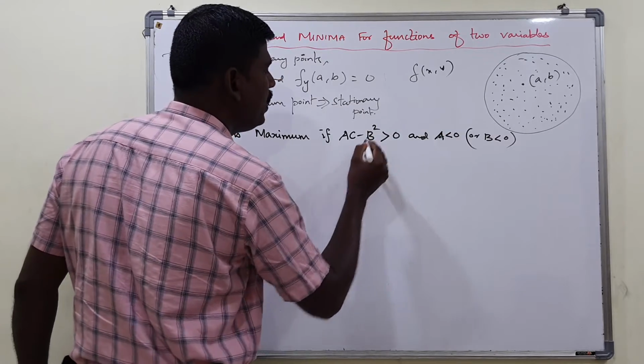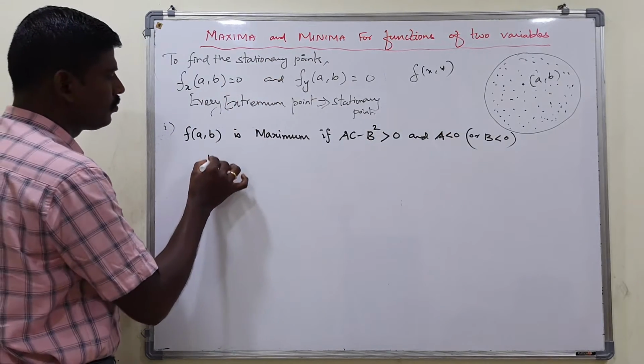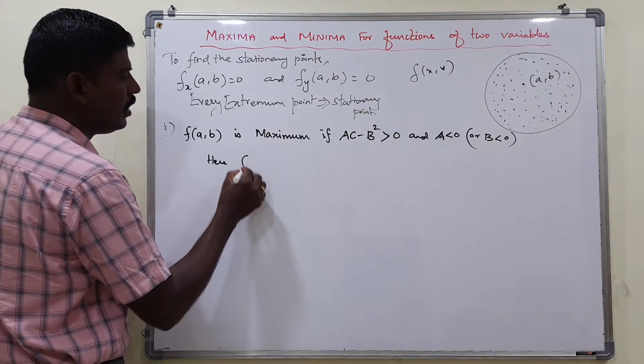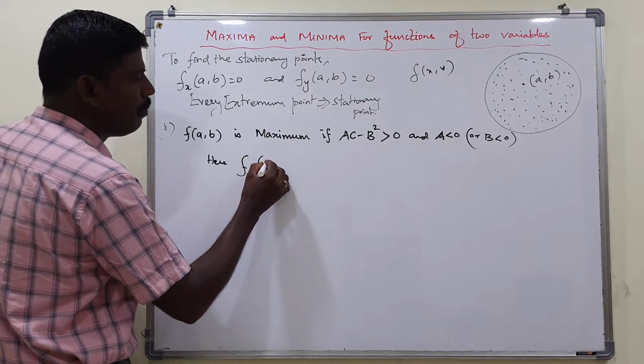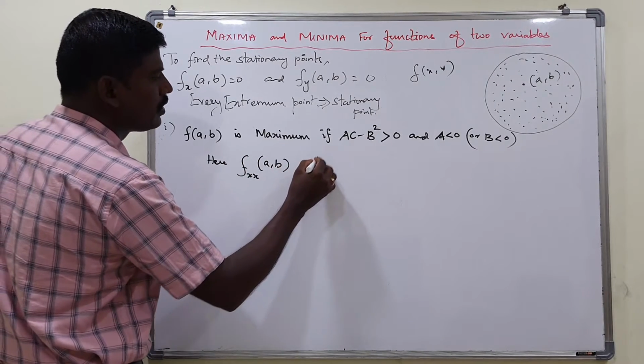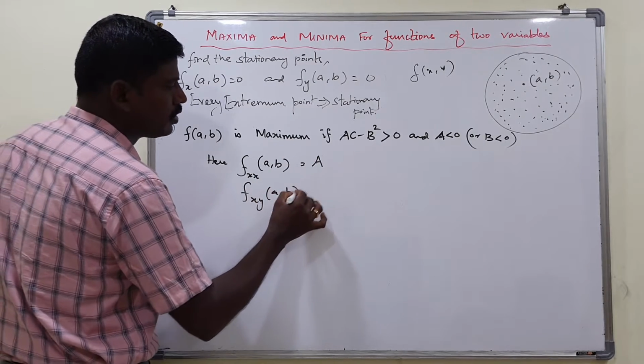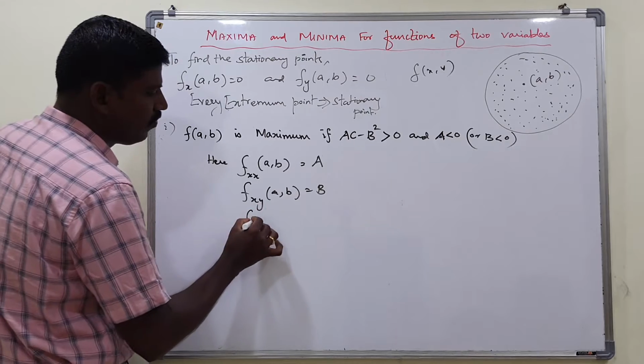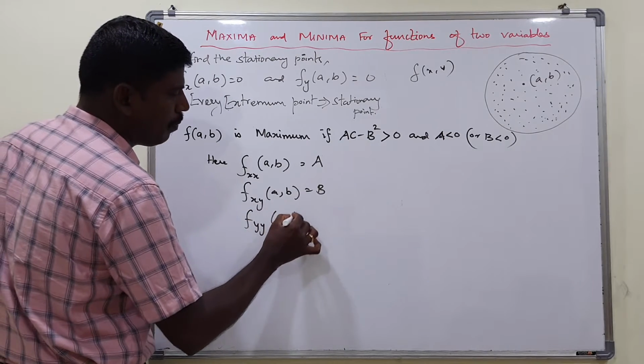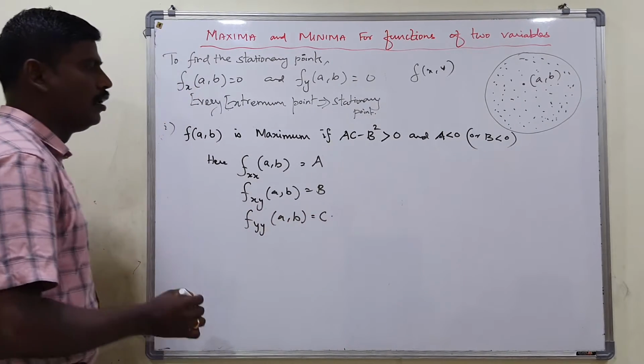What are a, b, c here? The second derivative f double x at (a, b) we call a, f xy at (a, b) is called b, and f double y at (a, b) is called c. That's all.